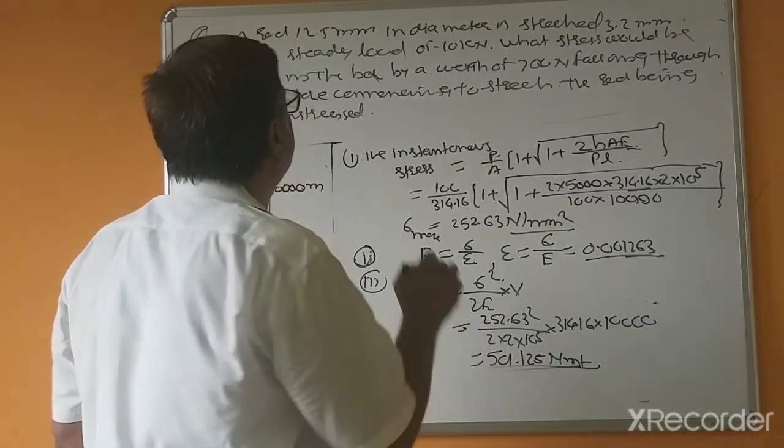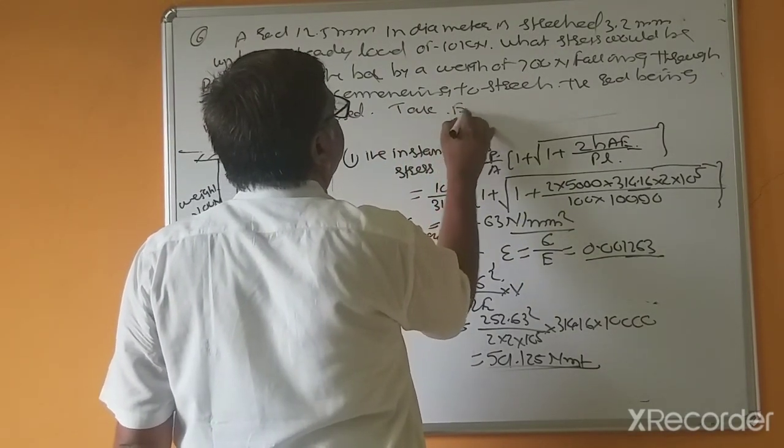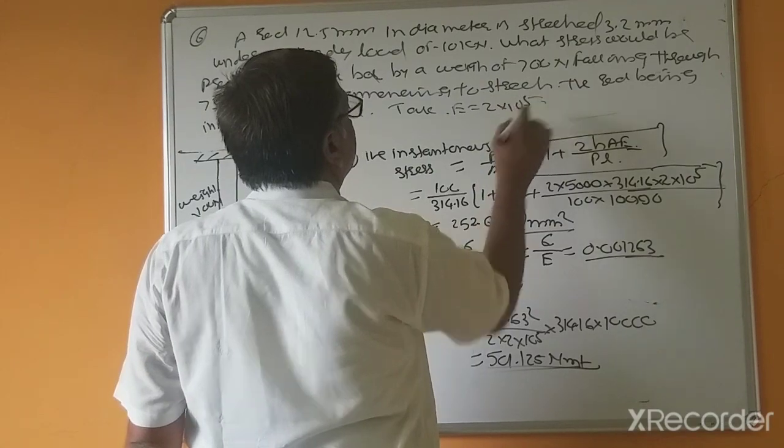Take E equal to 2 into 10 to the power 5.